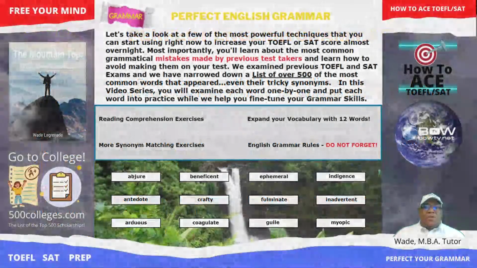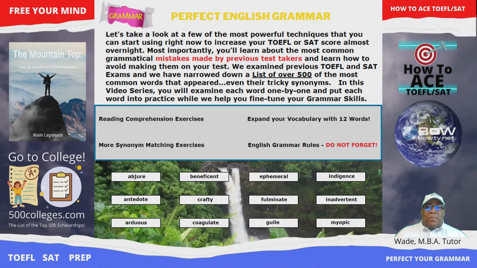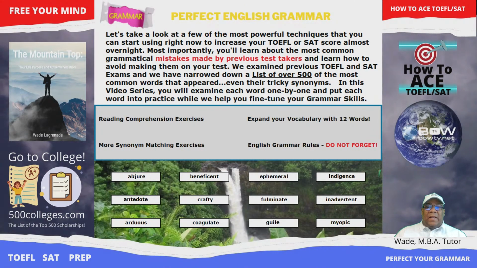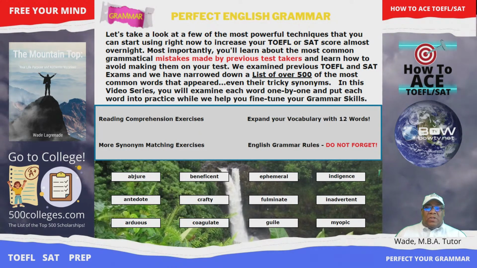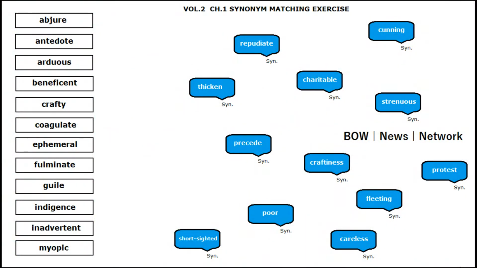So thank you for watching Bound News Network, our latest Perfect English Vol.2 Chapter 1. We're covering more and more vocabulary as we get further into this series, and of course we will present the answer sheet for this synonym exercise that we covered here for Volume 2 Chapter 1 next, and of course that correction there is antedate, and its synonym is precede.